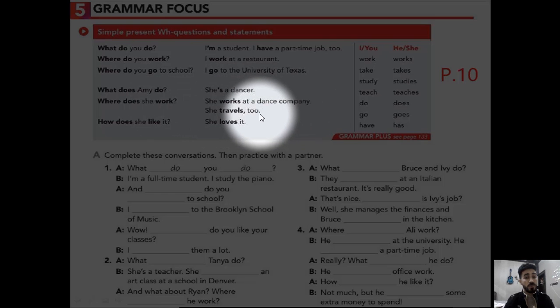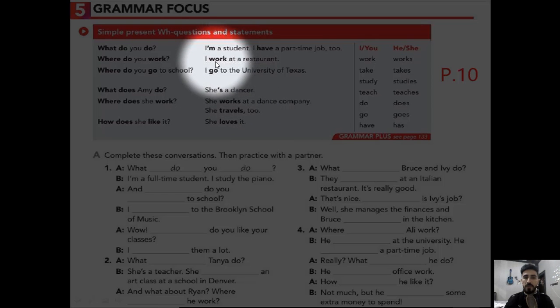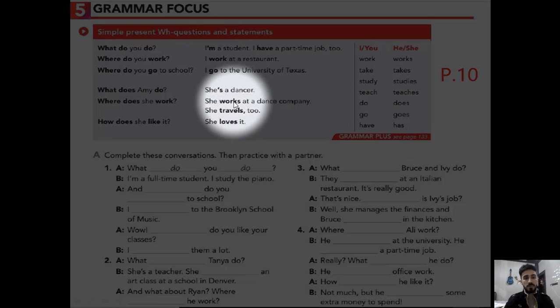She travels too. See, we have s here because the subject is singular. Here we didn't have s because the subject was I. So I, you, we, they don't need an s. But when you have she, he, it, we need a third person singular s.